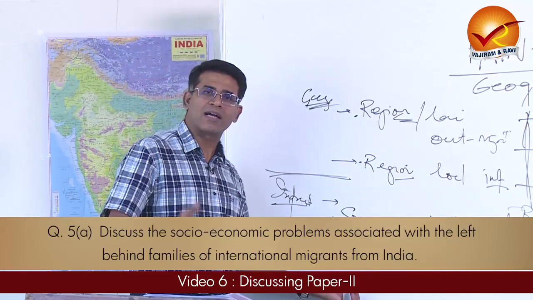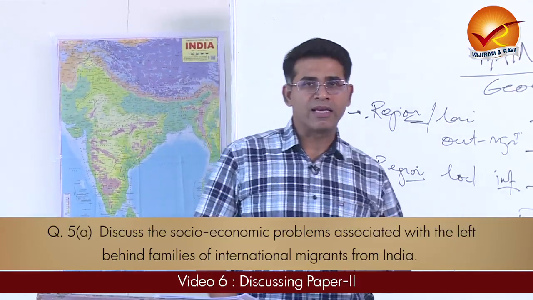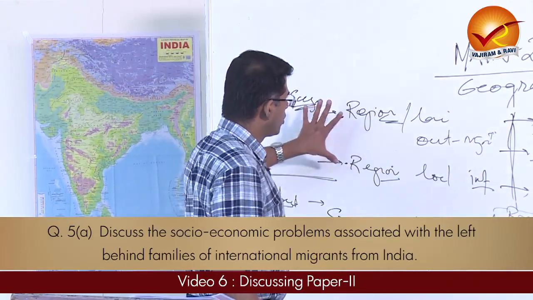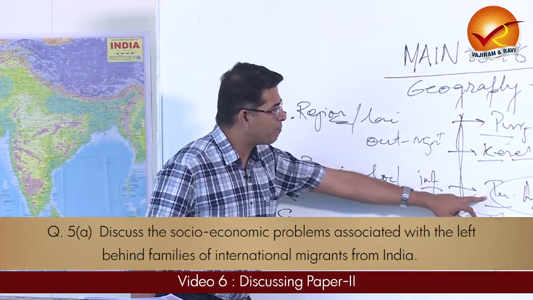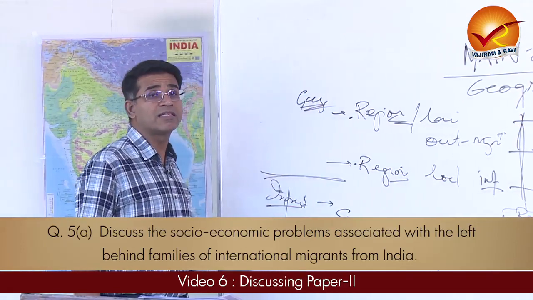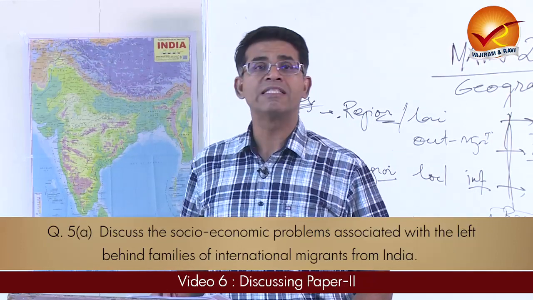That also creates a kind of gender issues here. In Kerala particularly, this has been a very big issue. So knowing this and bringing in the regional perspective and Ravenstein's laws, you have brought in geography in discussing the impact of out-migration on the families left behind.